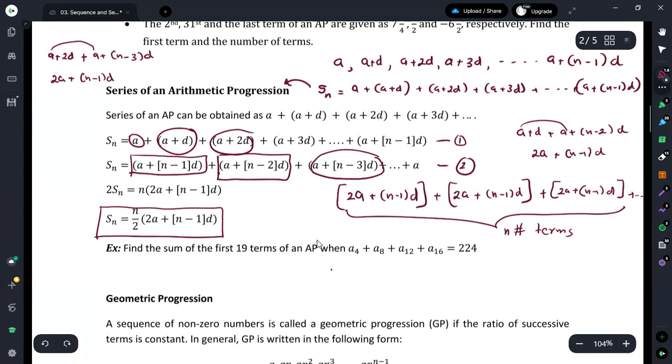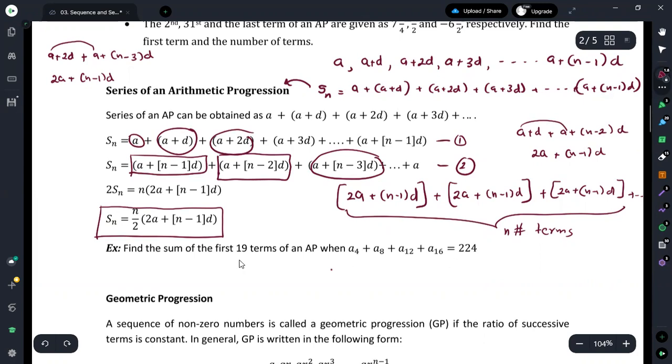Here, rather than giving us the value of A, the starting term, and the value of the common difference, what they have provided us is that the summation of the 4th, 8th, 12th and 16th term gives us the value 224.